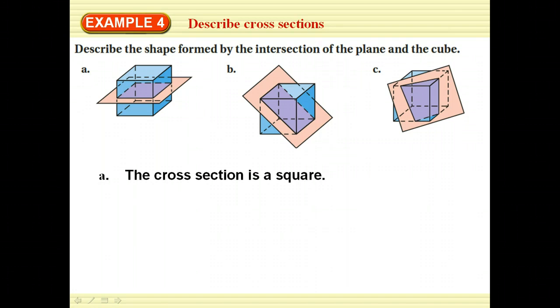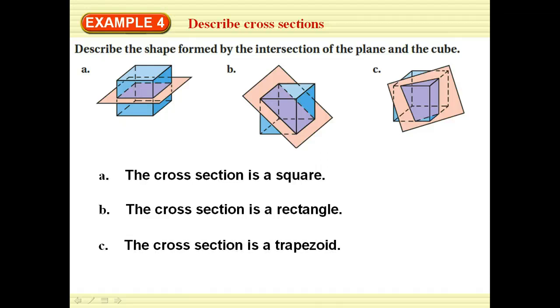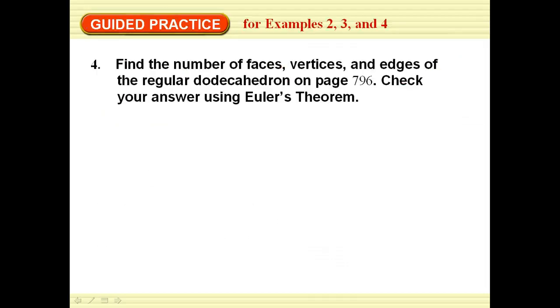If I make a cross section cut from vertices to vertices, I get a rectangle. And if I make a cross section that just slices through a corner of that, I actually end up with a trapezoid. So what you end up with depends on how you slice through that cube.